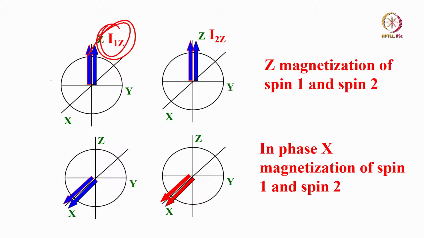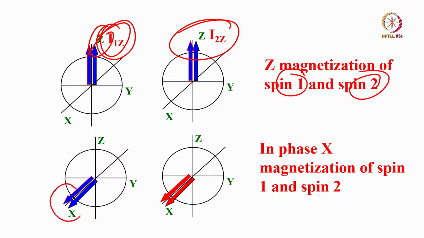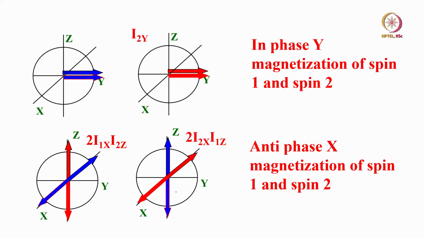This is I1z, the z magnetization of spin 1. This is called z magnetization of spin 2, both along the z axis. Here is in phase x magnetization of spin 1, let us say, both along x. This is in phase x magnetization of spin 2. I have given a different color, of course this should have been red. I have it for all of spin 2, of course it does not matter, the color code is only to make us understand clearly. This is for spin 2.